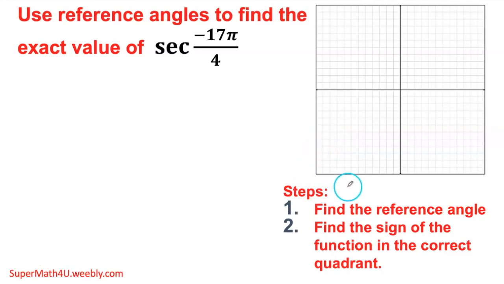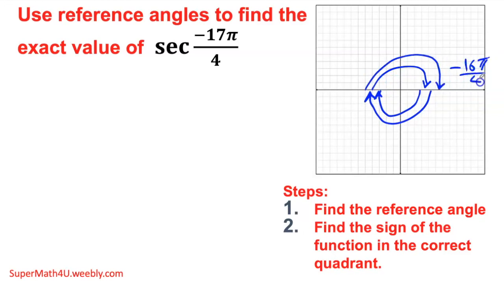Alright, so reference angle. Now we go in negative. Over 4. So this is negative 4, negative 8, negative 12, negative 16. Negative 16 pi over 4. We need to get to negative 17. So that means we have to go one more.